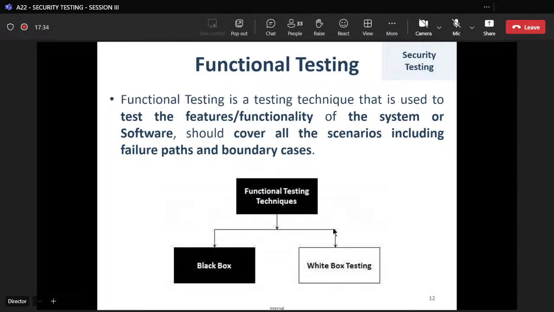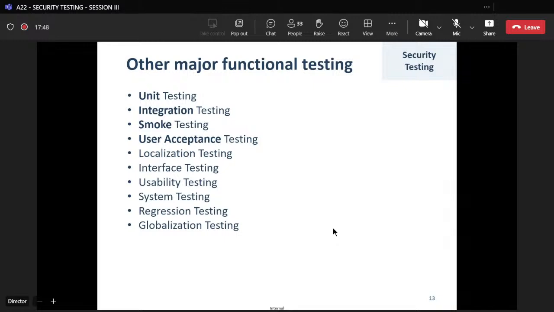All they know is to provide the input and blindly evaluate the output. Other major functional testing types include unit testing, integration testing, and smoke testing. In the coming slides, we'll be discussing the major testing types.